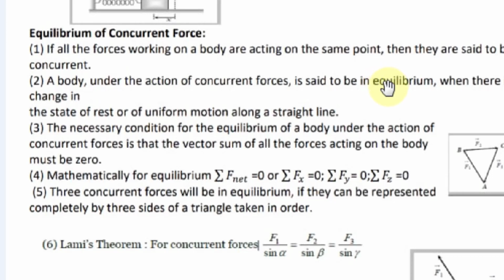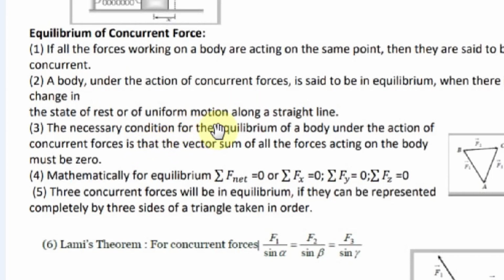Two or more forces are all acting at the same point, and the body is not changing its position. It means the body comes in equilibrium when there is no change in its state of rest or uniform motion. Two or more forces are acting on the body, but the body was at rest and is still at rest, which means concurrent forces and the body is in equilibrium.